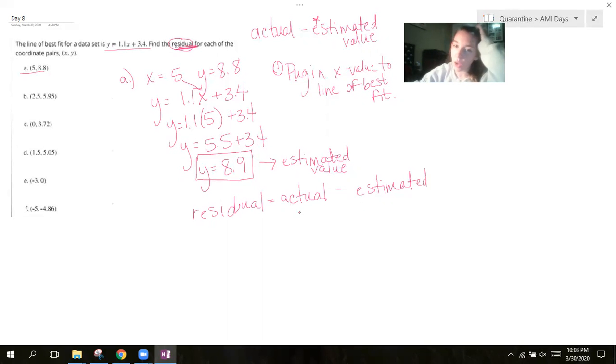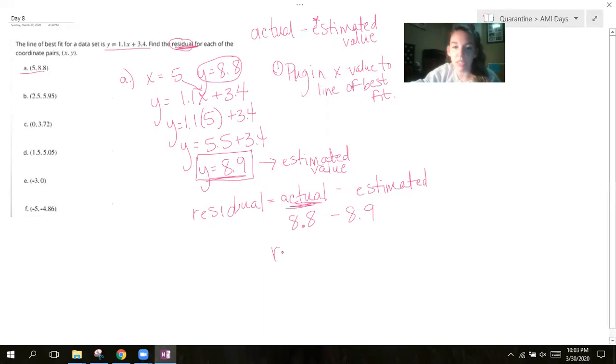Okay, so the actual value is going to be the original y value that we started with. So that's going to be 8.8. And then our estimated, we just solved it right here with the line of best fit. That was 8.9. Okay, so our residual is going to be negative 0.1.